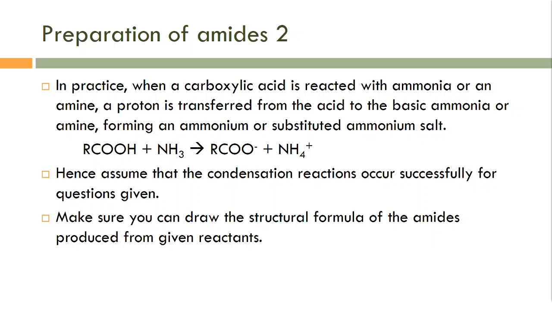But in practice, if we try to do this in a laboratory setup, what we usually get is the proton transfer from acid to the basic ammonia or amine group, forming an ammonium or substituted ammonium salt, as it's written there. So the alkyl group is in the carboxylic acid, and the ammonia group or amine group is here.